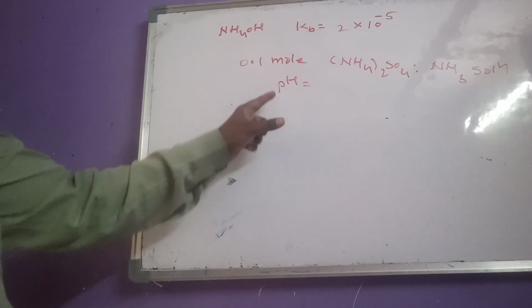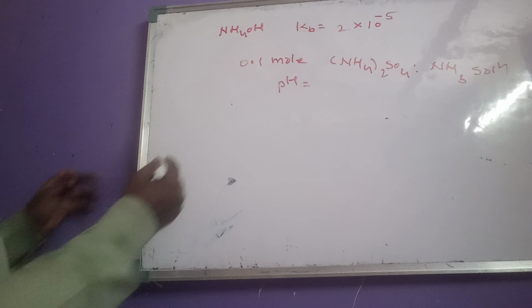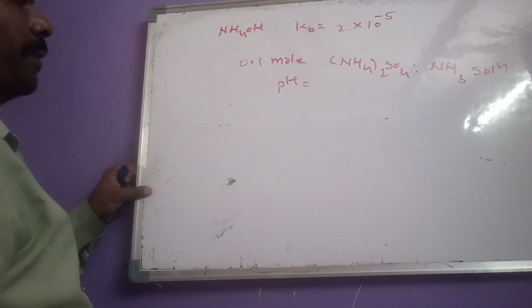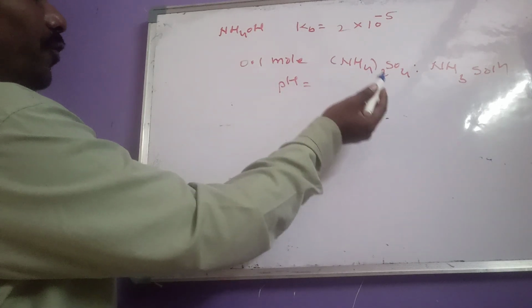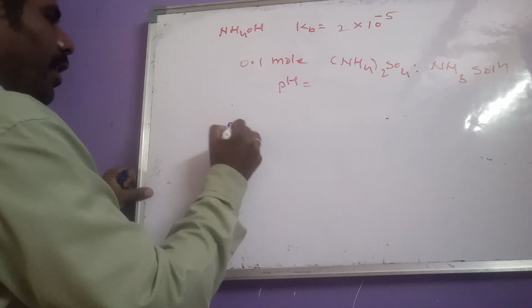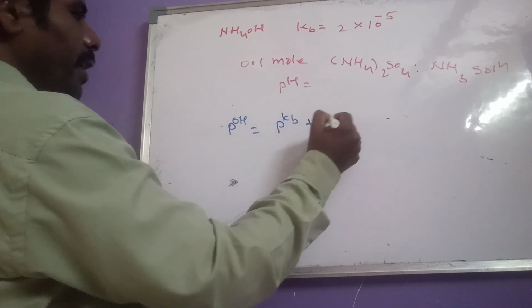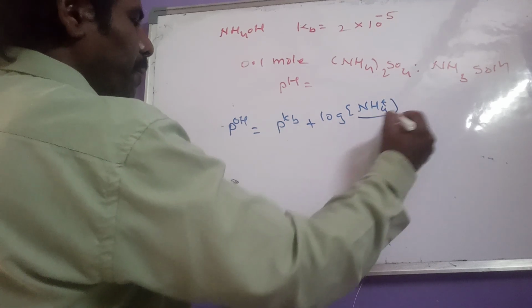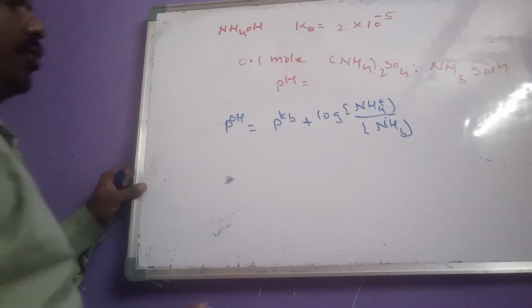Before calculating pH, first we have to calculate the pOH value. Therefore, before calculating pOH, we have to calculate the salt, that means the NH4 plus concentration. And the formula is pOH equals pKb plus log salt, meaning NH4 plus, divided by NH3 solution.